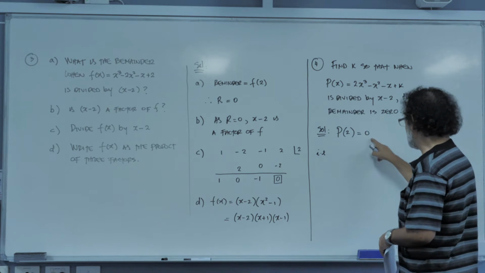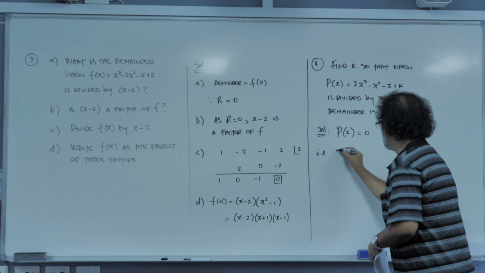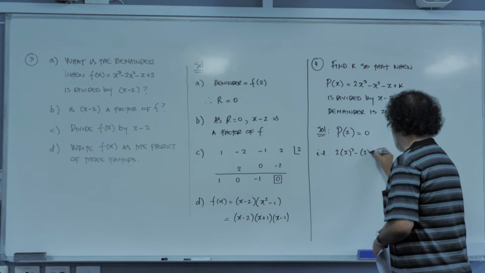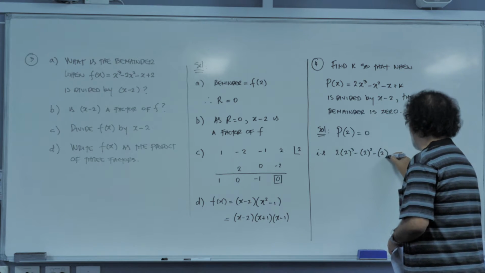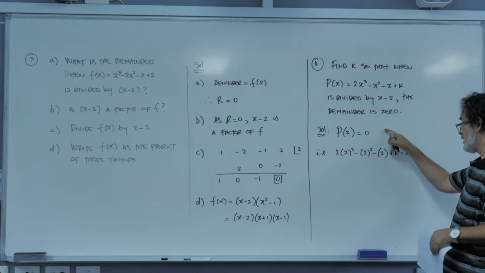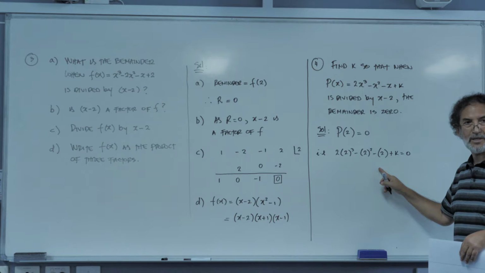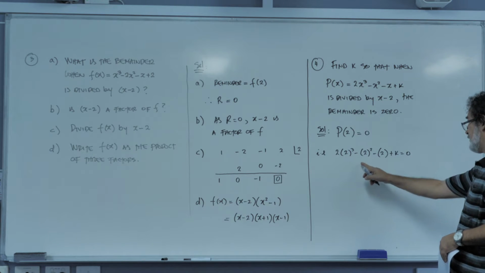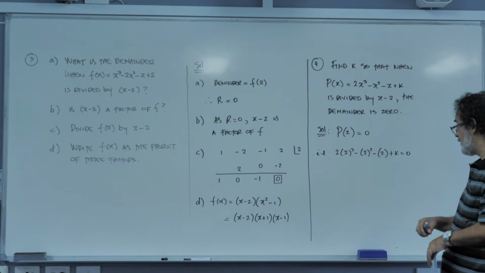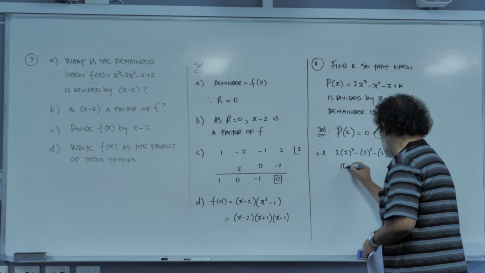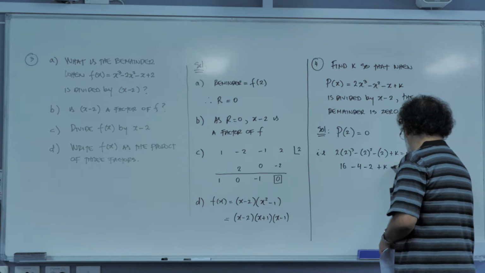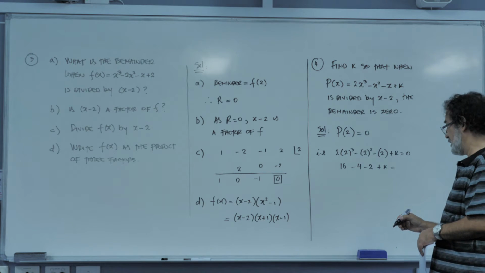So this is equivalent to 2 times 2 cubed minus 2 squared minus 2 plus k equal to 0. You can see that these two expressions are equivalent. And then from here, you can easily find the answer for k. So this is going to be 16 minus 4 minus 2 plus k, and then you can find the answer.